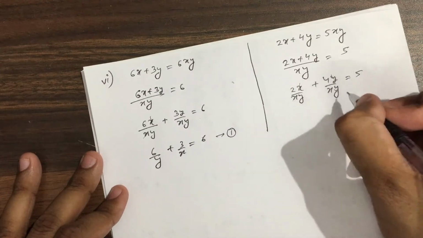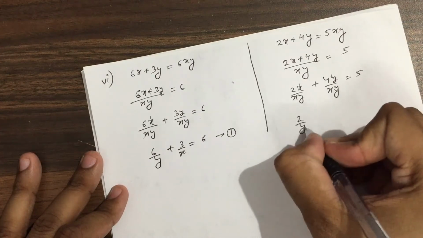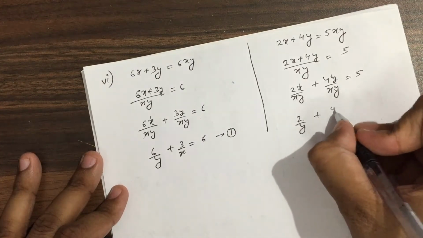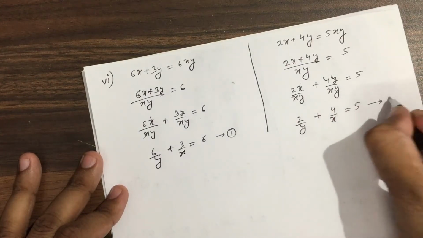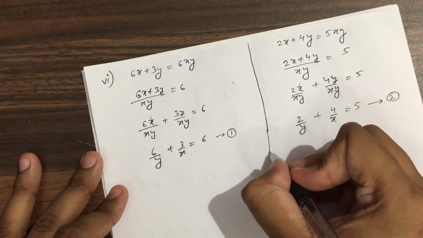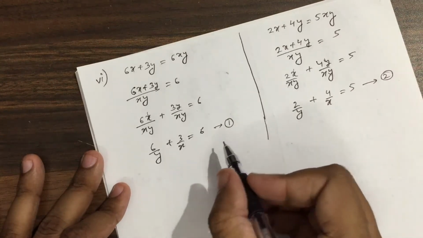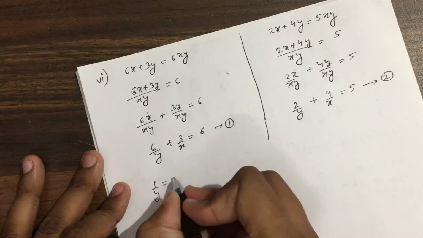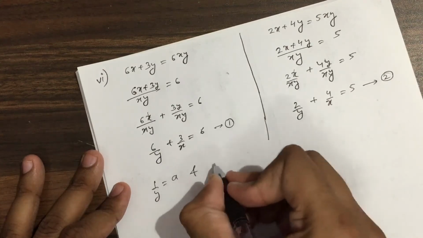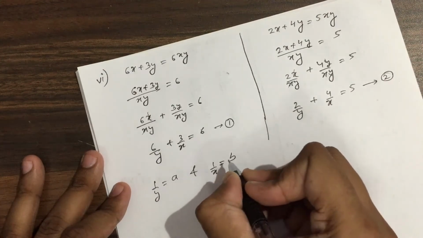X will cancel, y will cancel. It will reduce to 2 upon y plus 4 upon x equal to 5. Mark it as equation 2. Okay, now what you have to do, these are not in standard form, so let us assume 1 upon y equal to a and 1 upon x equal to b.